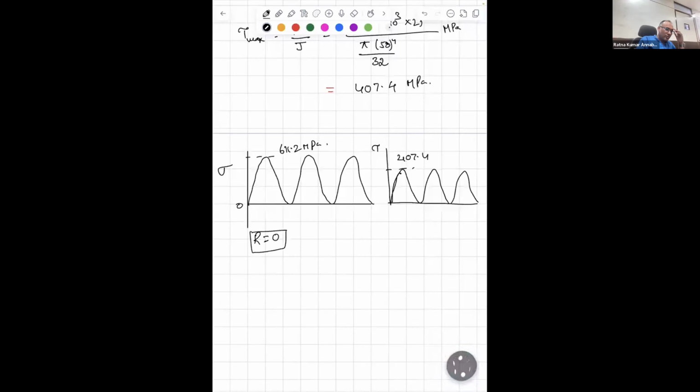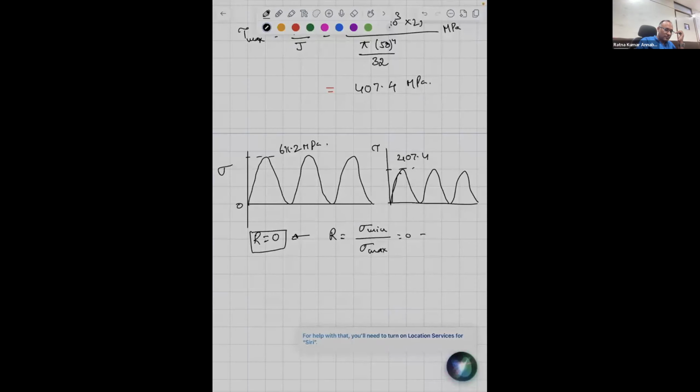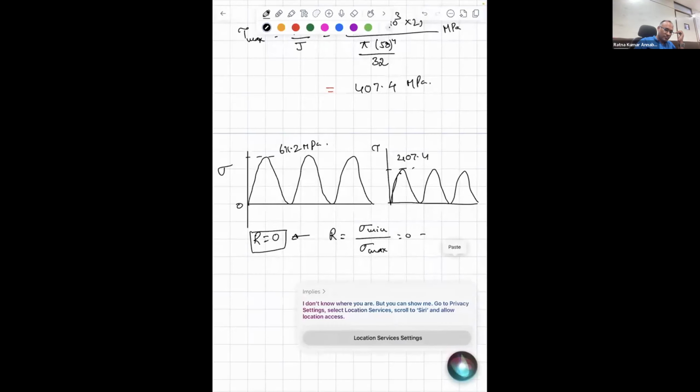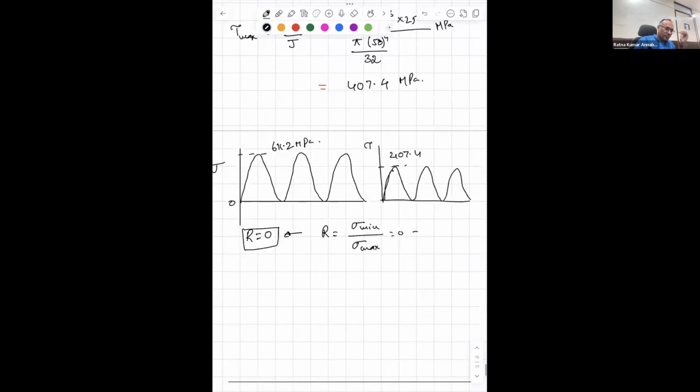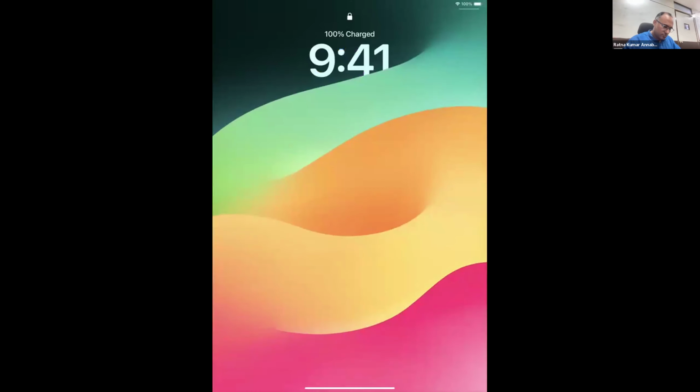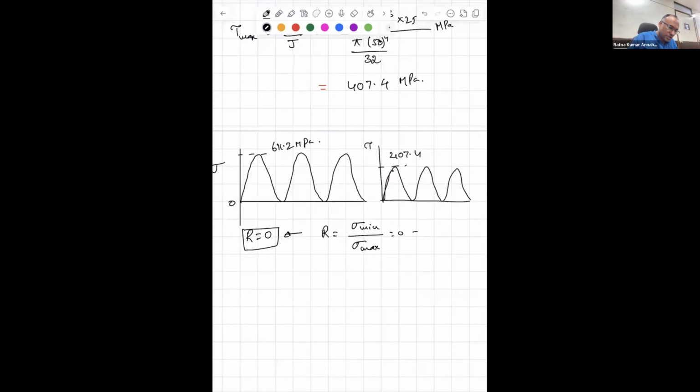In the fatigue loading, the stress ratio is 0. What is the meaning of that? Stress ratio is nothing but sigma min by sigma max. That implies sigma min is 0.